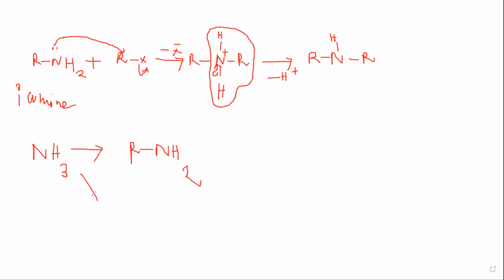If you replace two hydrogen atoms, then R2NH, a secondary amine. And if you replace all three hydrogen atoms, you will be getting R3N. So here we got a secondary amine.